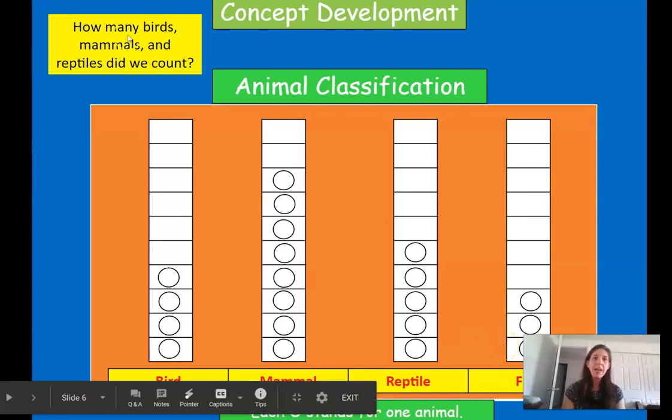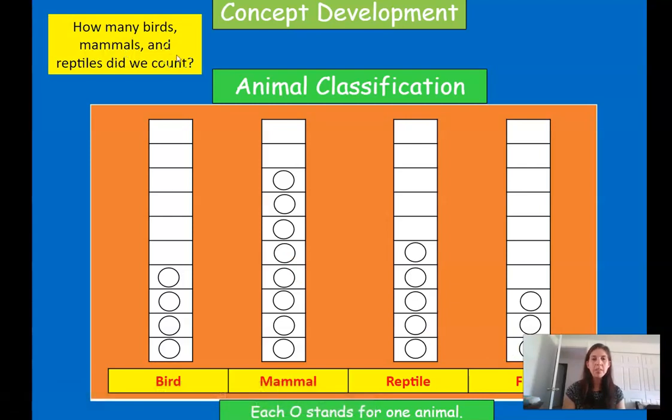Now we have a question. How many birds, mammals, and reptiles did we count? In order to figure that out, what do we need to do? If you said we have to add those 3 together, you are correct.